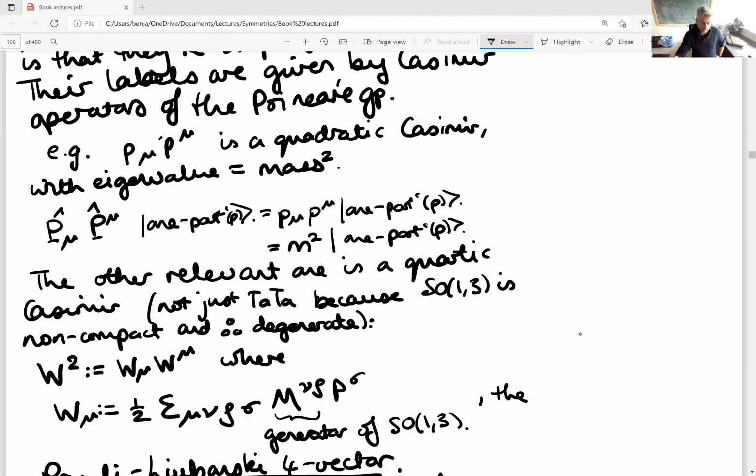Just before we start that, I noticed that I'd implicitly assumed Hermitian operators in the previous lecture when I said that the eigenvalue of this big operator P mu acting on a one particle state gives us back little p mu. So this is for Hermitian big P mu hat.